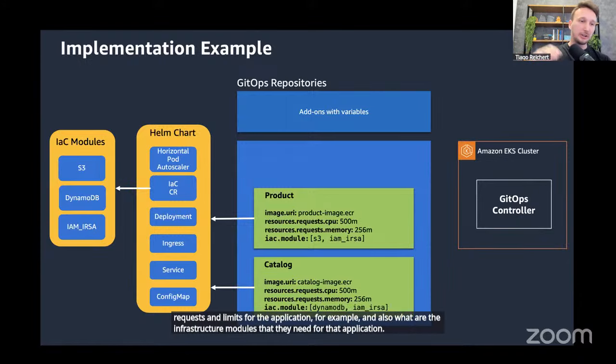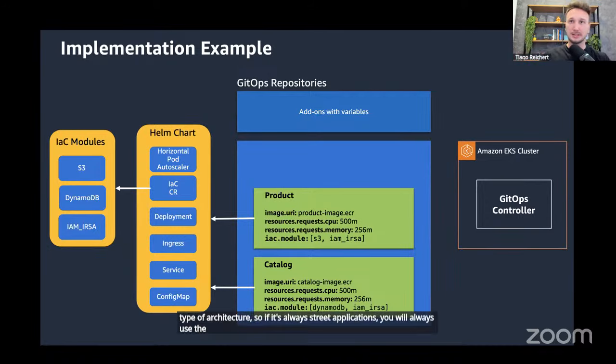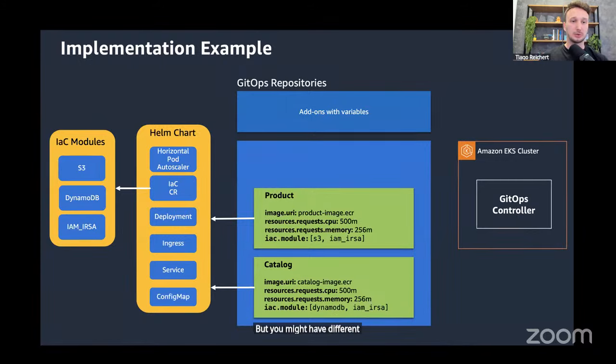The same for other microservices. So they just reuse the same Helm chart for that same type of architecture. So if it's always 3-tier applications, you will always use the same blueprint, in that same case that we just mentioned at the beginning of the presentation. But you might have different Helm charts for different use cases as well.